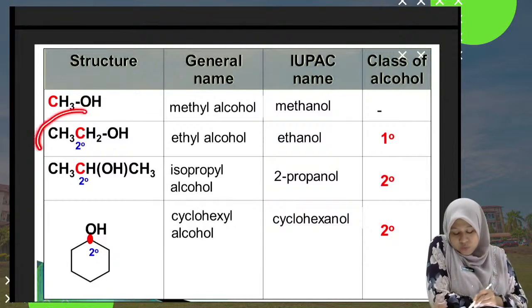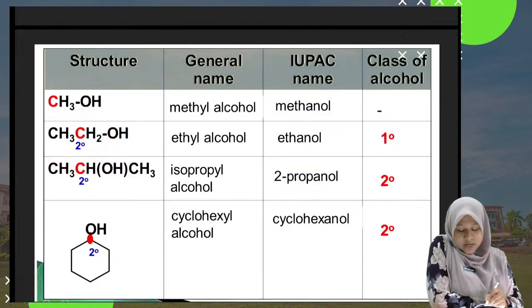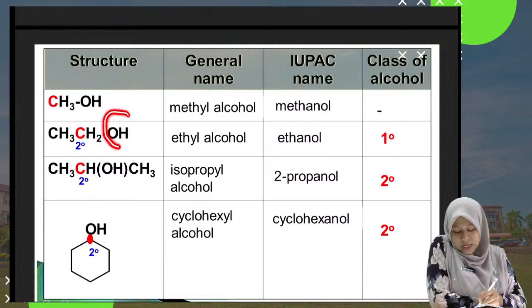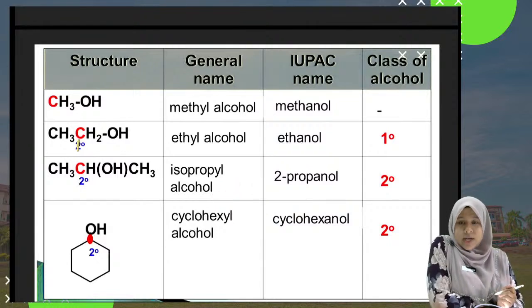For the second one we have ethanol. The general name is ethyl alcohol, and the IUPAC name is ethanol. Ethanol is a primary alcohol because the OH is attached to a primary carbon. The next one is isopropyl alcohol, which is a general name.